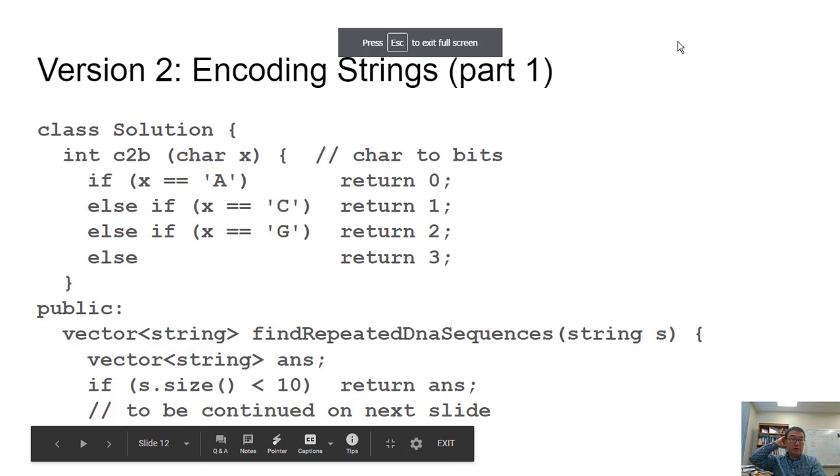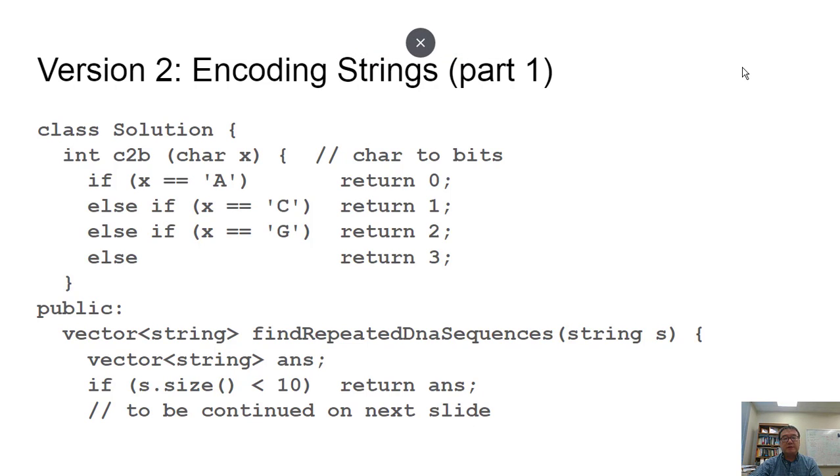And this idea of encoding strings as a number is actually very, very useful. In fact, if you think about the unordered set and unordered map we used before, what they are doing is converting a string into an integer. This is known as computing the hash code. Two different strings will, with high probability, result in different hash values. Those hash values are then converted back into an index into an array.